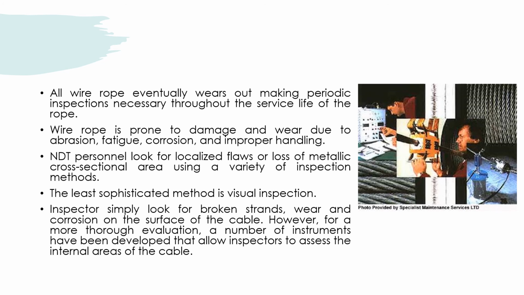The inspection personnel look for localized flaws or loss of metallic cross-sectional area using a variety of inspection methods. The least sophisticated method is visual inspection. The inspector simply looks for broken strands, wear, and corrosion on the surface of the cable.